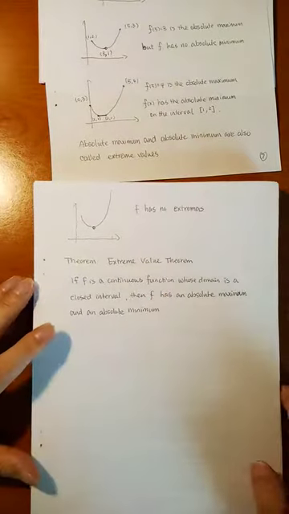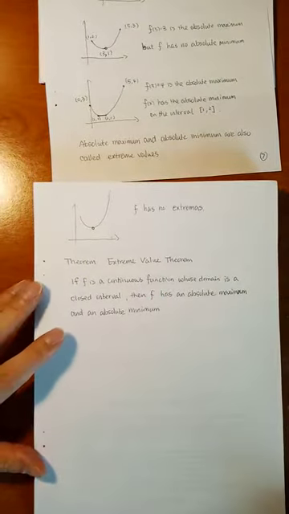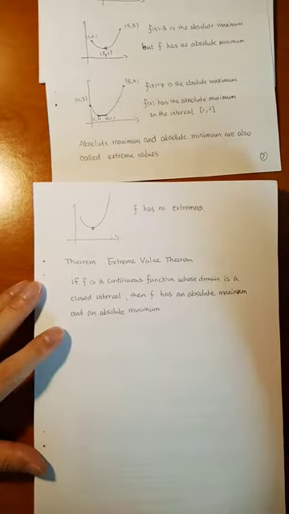Okay, if you have a continuous function over a closed interval, then you will have an absolute maximum and an absolute minimum.